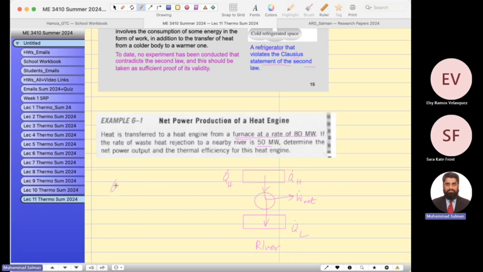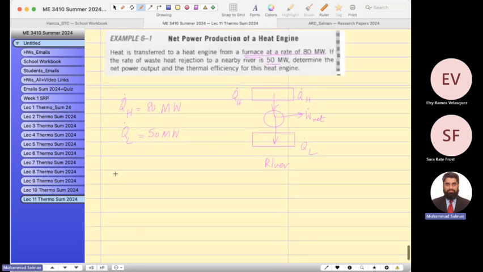So Q dot L, so I would say Q dot H is 80 megawatts. Q dot L is 50 megawatts. Determine the net power output. So you have to find out the net power output, which is this formula. Sorry, this is 50. This is 30.